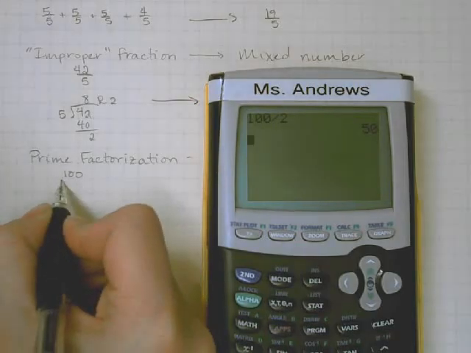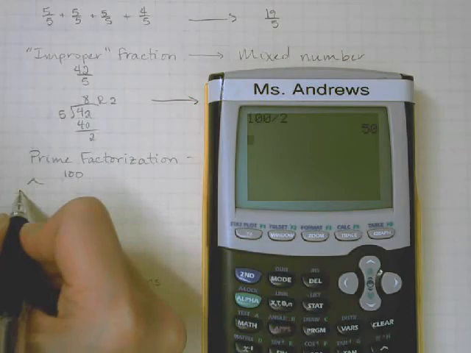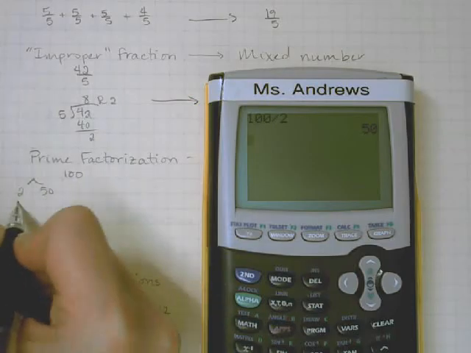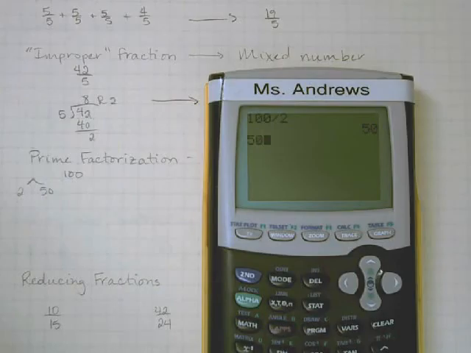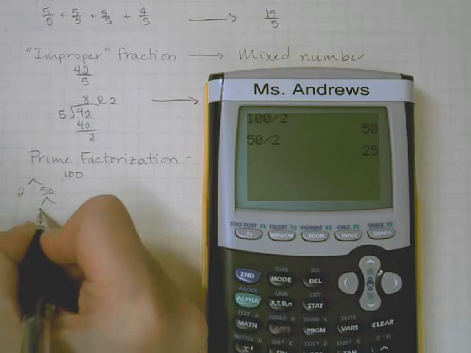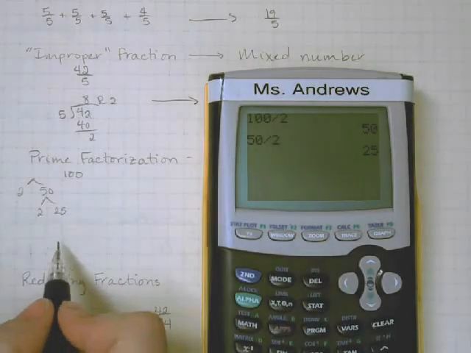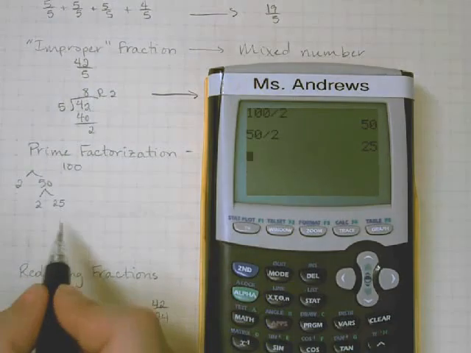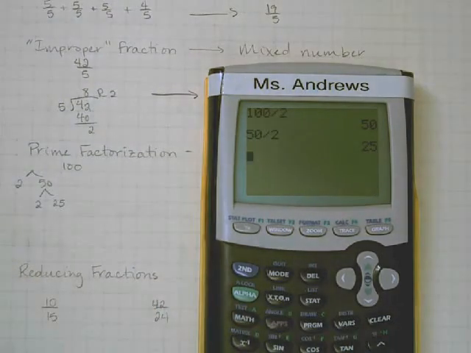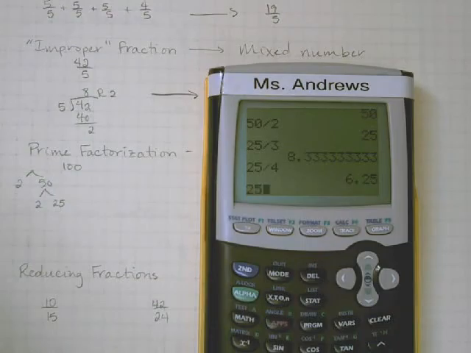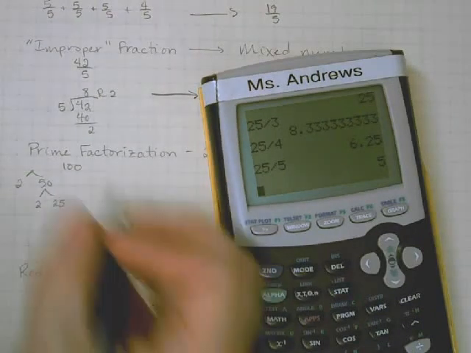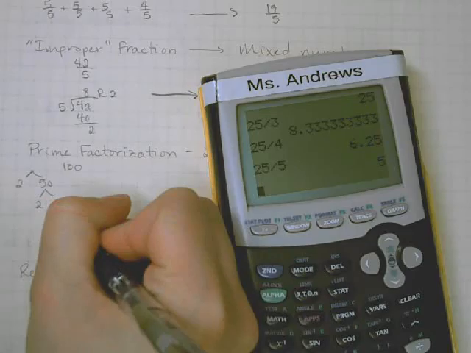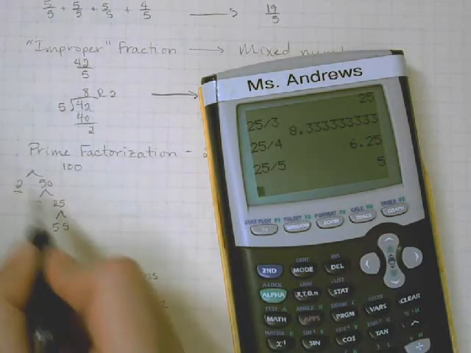And then 50, I can divide by 2, so that's 2 and 25. 25 is not divisible by 2, so if I don't know off the top of my head, I can do 25 divided by 3, not a whole number, 25 divided by 4, not a whole number, and 25 divided by 5, which gives me 5. So that divides into 5 and 5. So 2, 2, 5, and 5. So the prime factorization of 100 is 2 times 2 times 5 times 5.